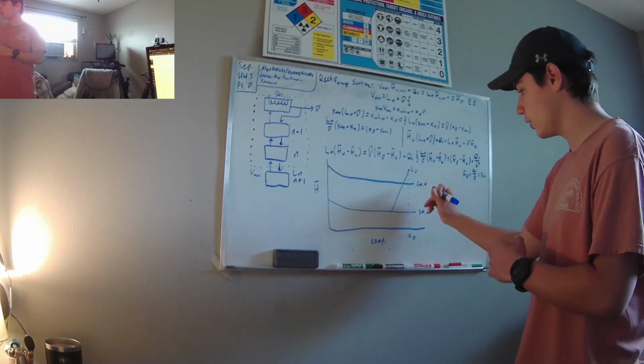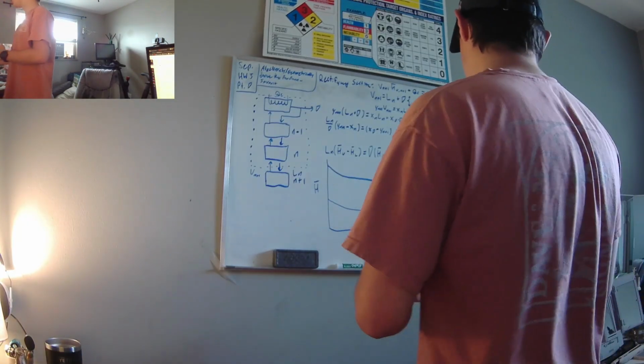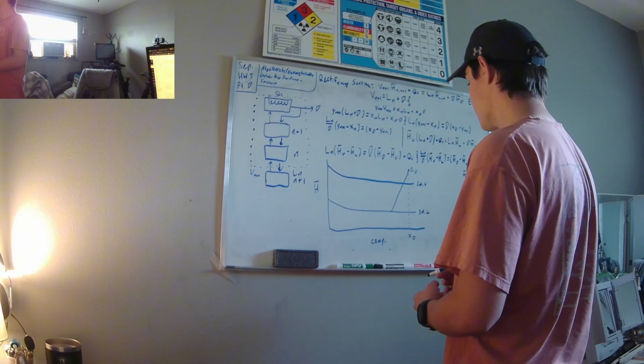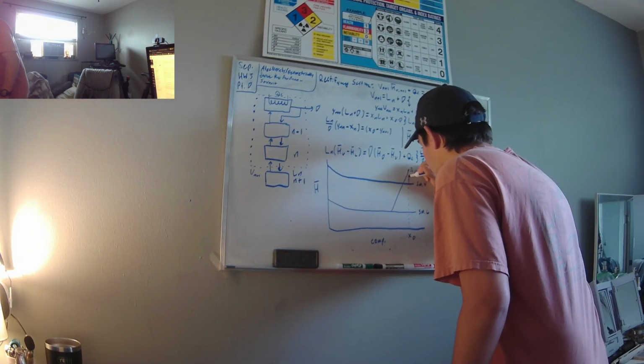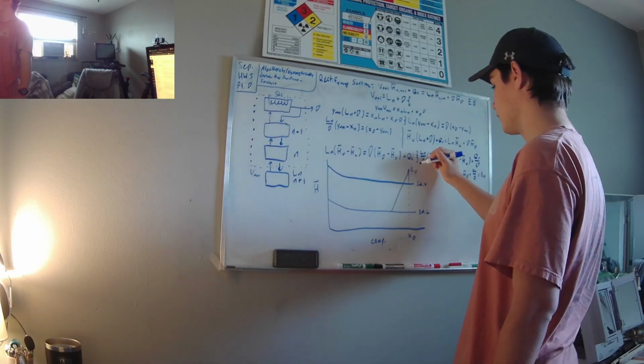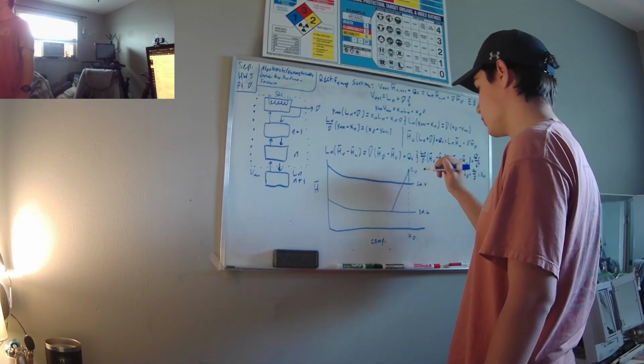And as you can see here, we can start to create some triangles. The first value we're going to notice is this right here, going from our distillate enthalpy down to our vapor enthalpy.